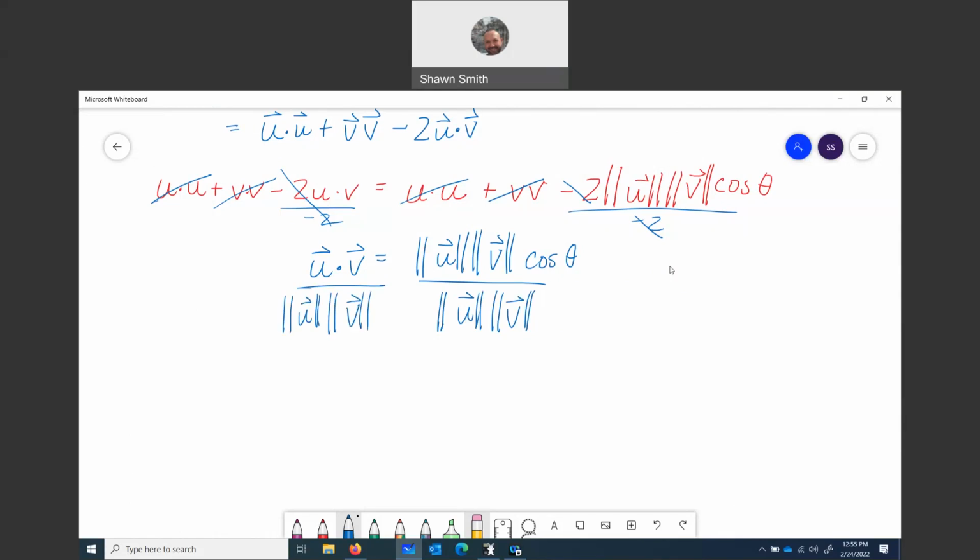So now you just derive the formula to where the inverse cosine of this value, the dot product of the vectors over the product of the magnitudes of the vectors, is equal to theta.